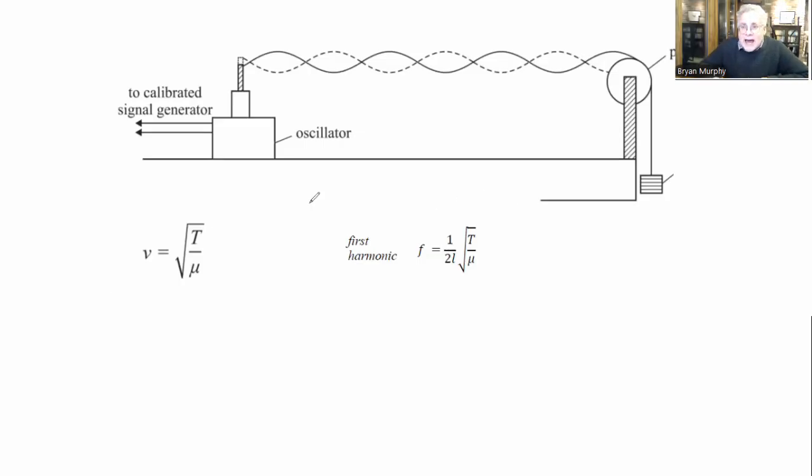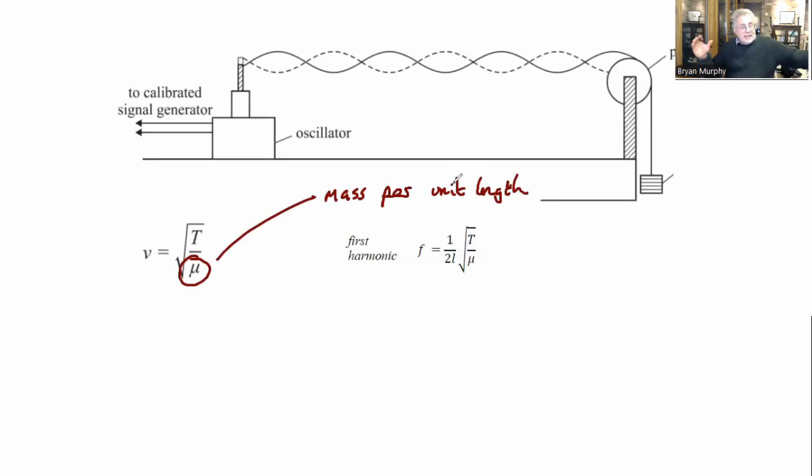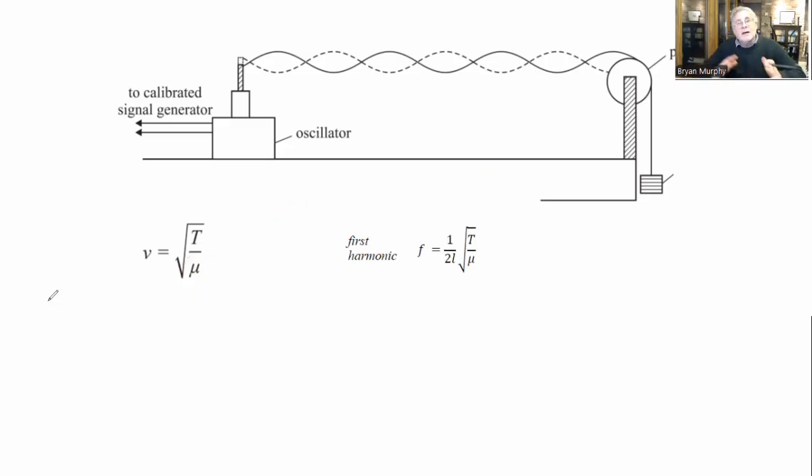It uses that symbol there, mu, which is the mass per unit length. In other words, it is the mass of 1 meter of the string. If you cut a meter of it and measured its mass, that is mu. It's measured in kilograms per meter.